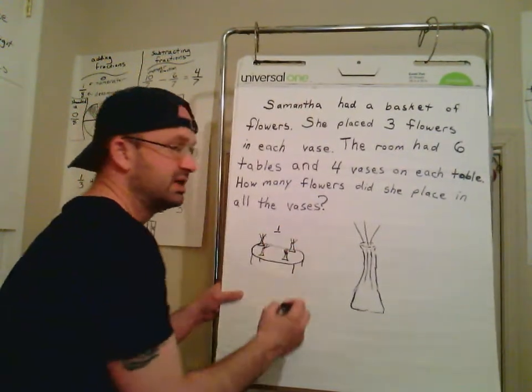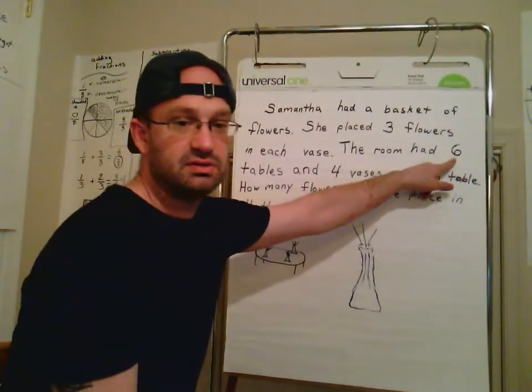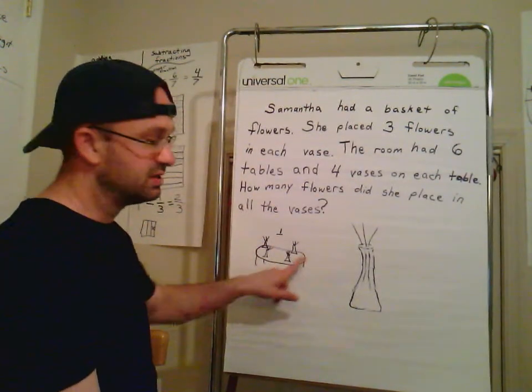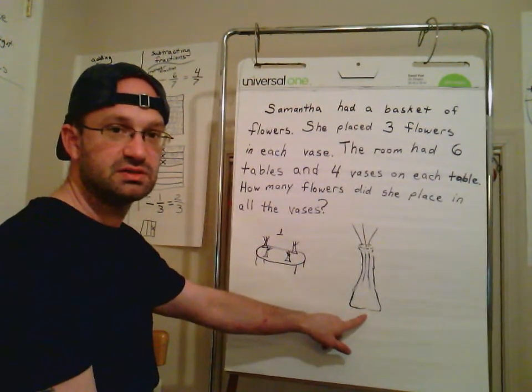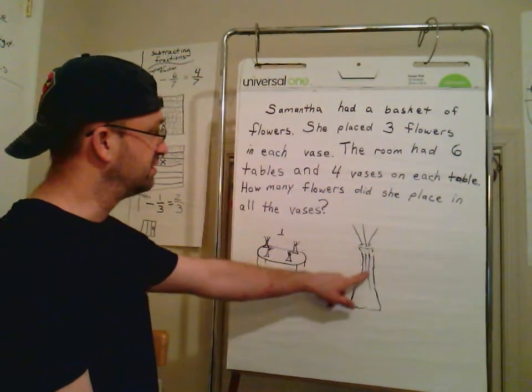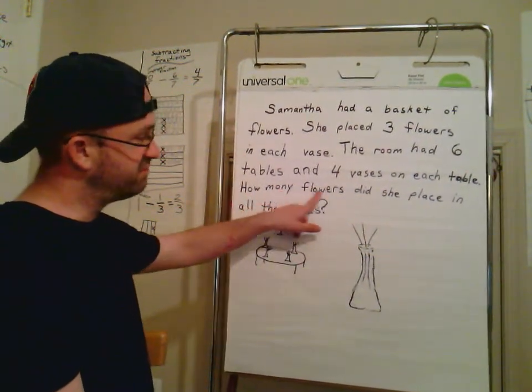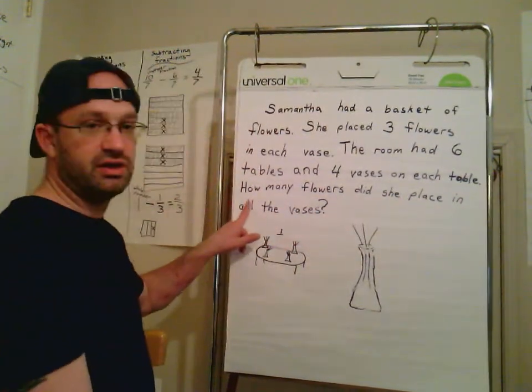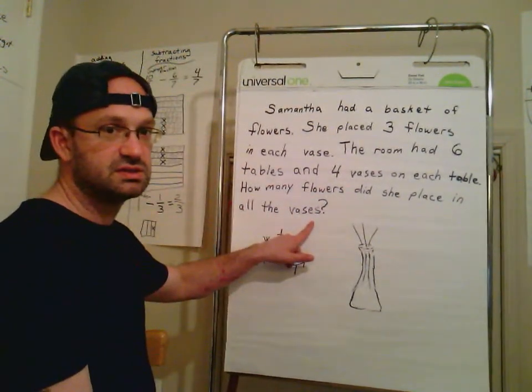How many tables do you need? Okay, this is 1 table. This is 1 vase. You have to figure out how many flowers did she place in all the vases.